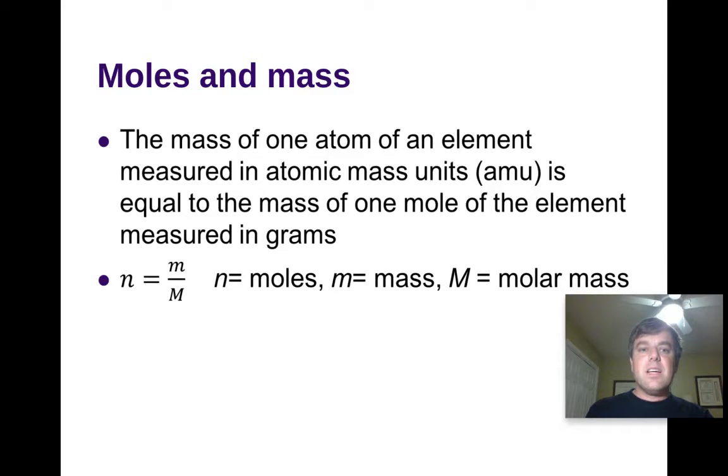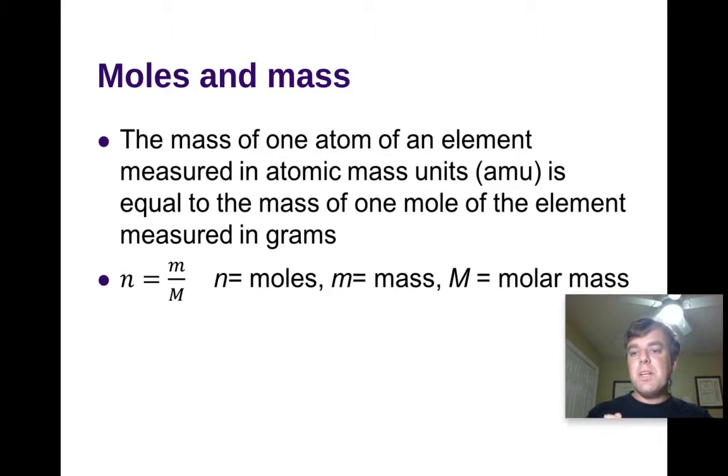Now, the mass of an atom of an element measured in atomic mass units equals the mass of 1 mole of that element measured in grams. So, in other words, moles equals grams divided by the molar mass, or the molar mass equals grams per mole.